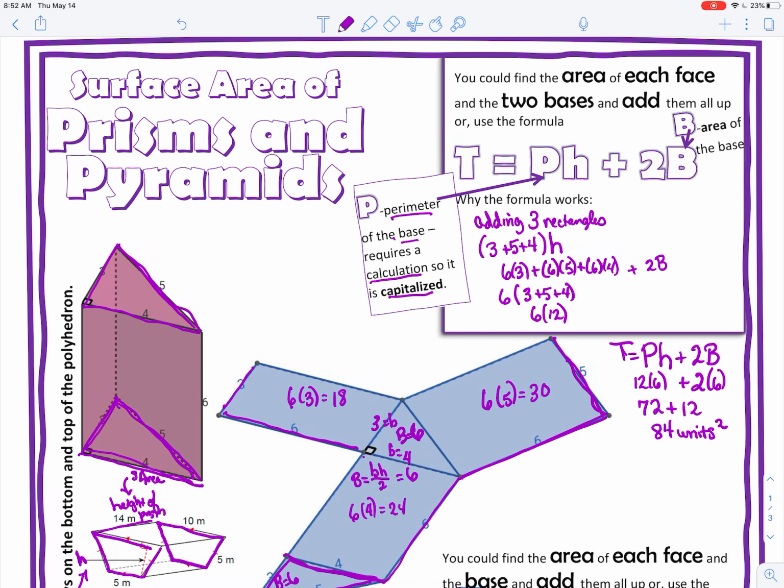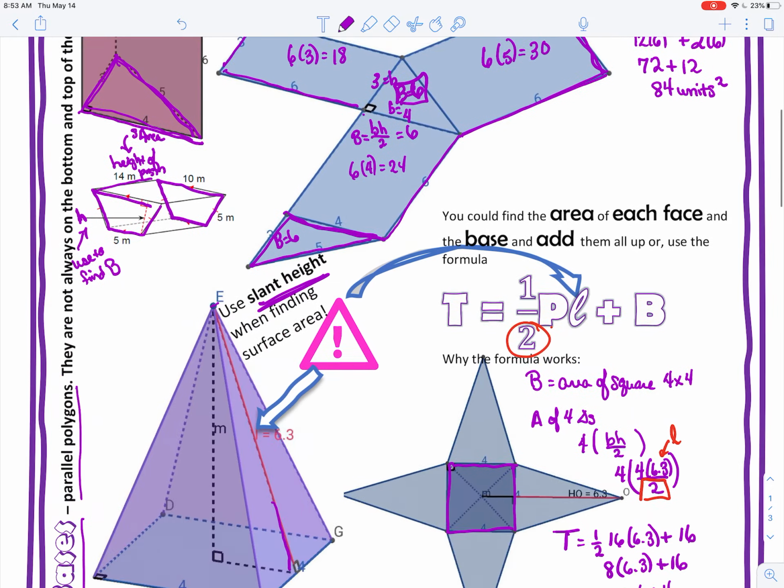We found out that our base, and it's really good for you to say, hey, if I'm going to find these guys, I might as well put a big B out here equals 6. We found that before, but we might want to box it in, because if you're working on surface area and volume of the same figure, you're going to need that number anyway.